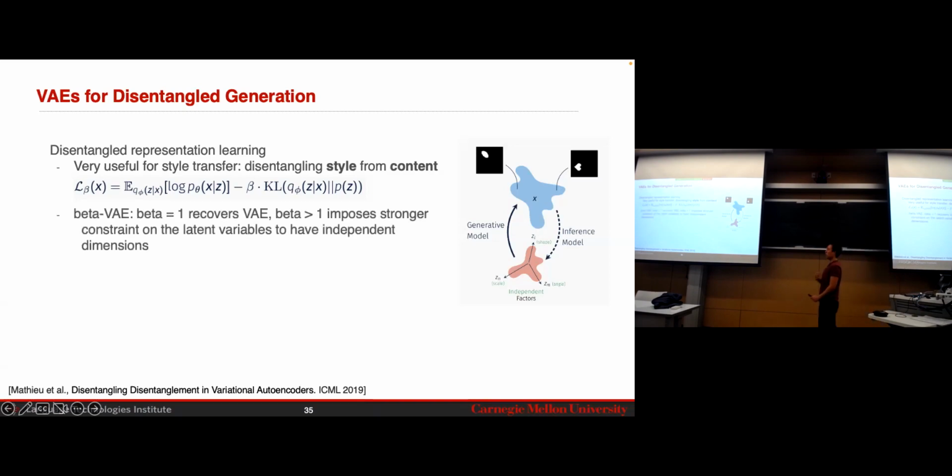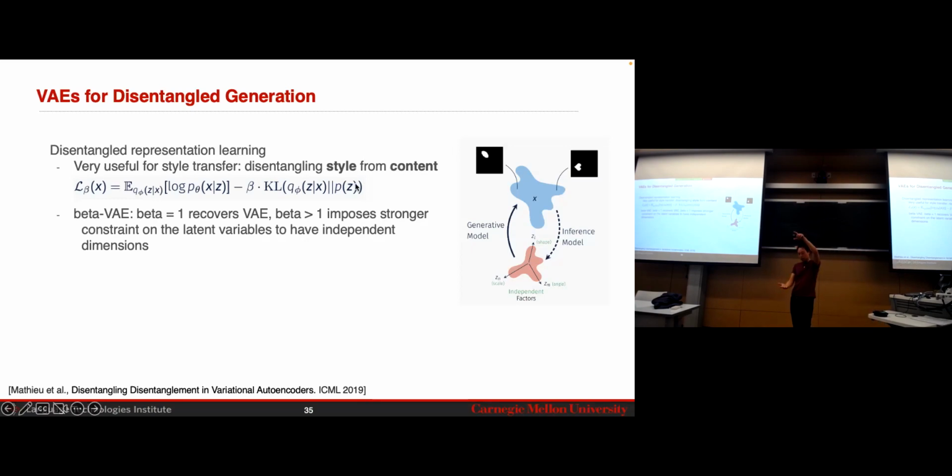So one simple extension of VAEs is just beta VAEs. In normal VAE, we derive beta should be 1. But you can control this beta, right? Beta equals to 1 recovers VAE. Beta bigger than 1 imposes stronger constraints on these latent variables to follow some independent factorized distribution. And you're going to impose that as independent because your prior that you measure simplicity of your distribution Q with is typically some isotropic Gaussian, right?